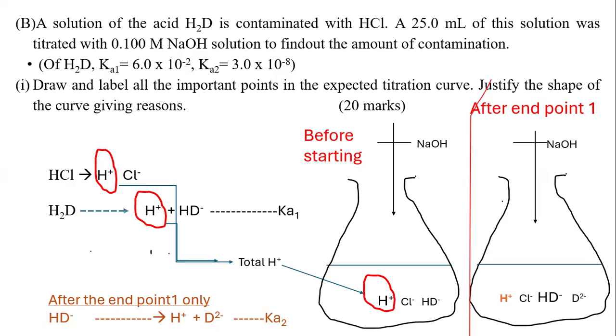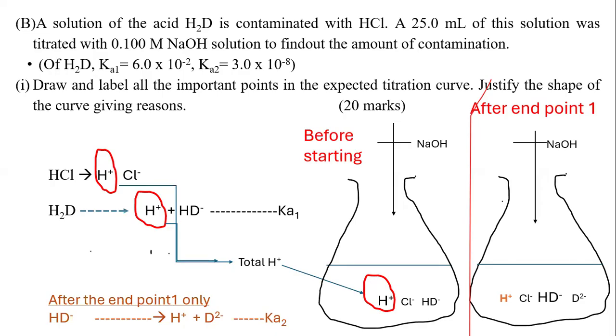Then you have total H plus, Cl minus and HD minus. Okay. Now, since the situation is such, you have a lot of H plus and the second dissociation constant is also poor.